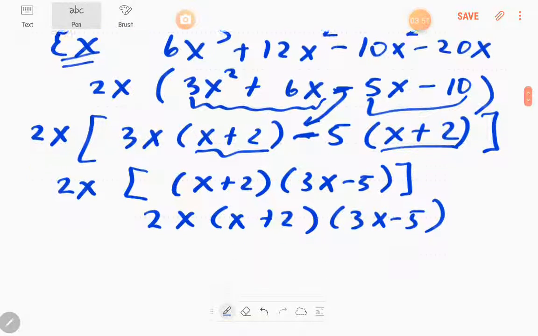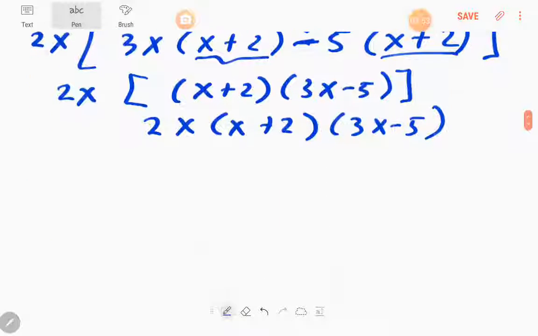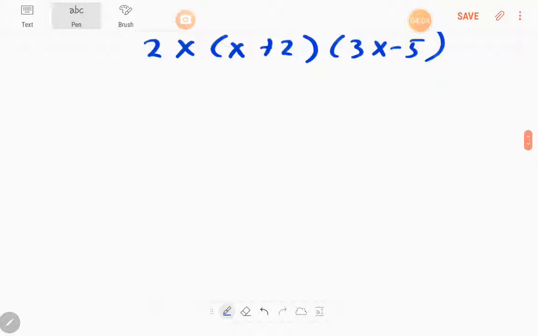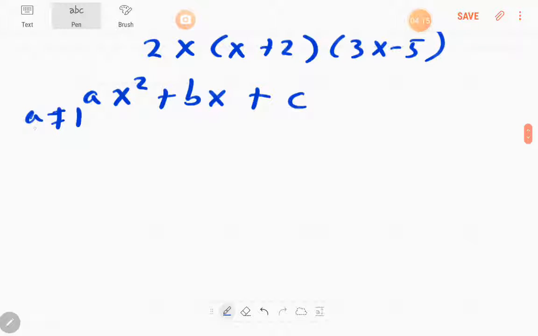Now, we can use factoring by grouping to do trinomial factoring. And it's very useful for when the a is not equal to 1. So if we have ax squared plus bx plus c, and here a is not equal to 1, then we could use factoring by grouping.